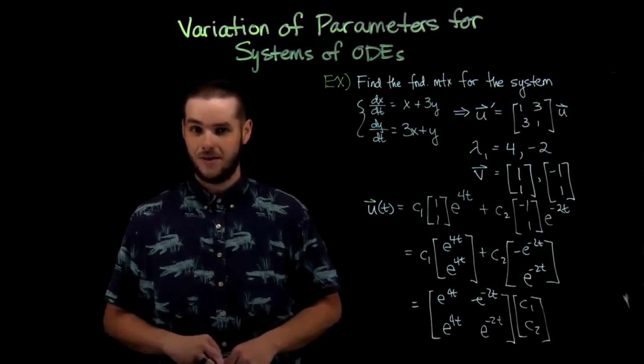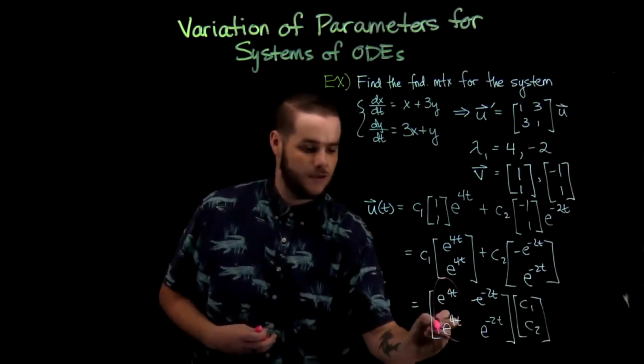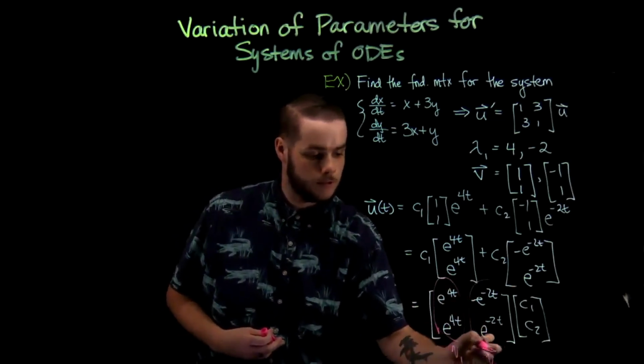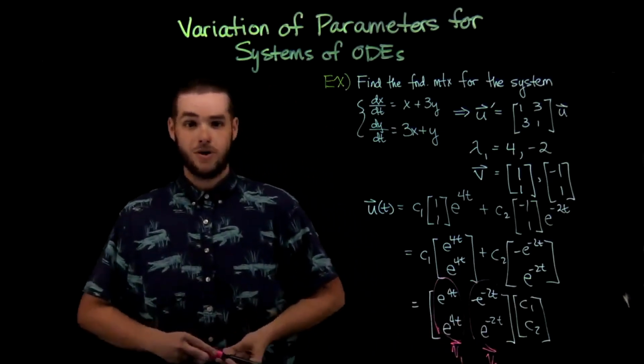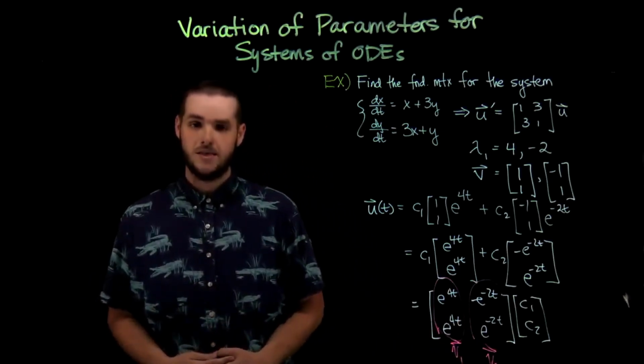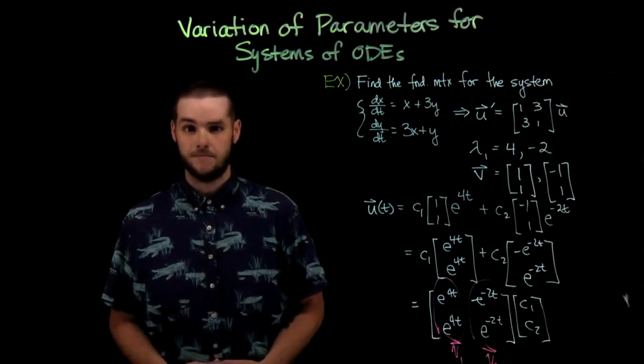But do you notice anything about the construction of our fundamental matrix? It's just the eigenvectors. So really, at the end of the day, the fundamental matrix for a system of ODEs is just the matrix composed of the eigenvectors of A, with the exponentials included.